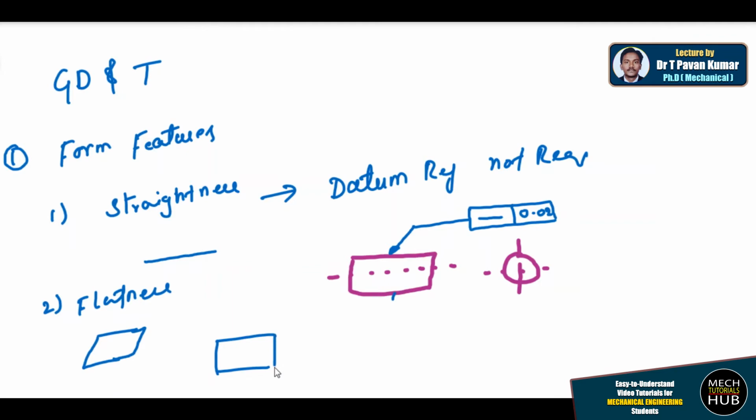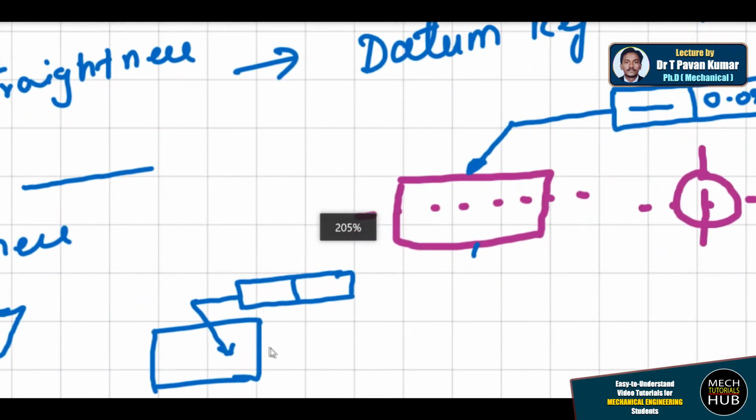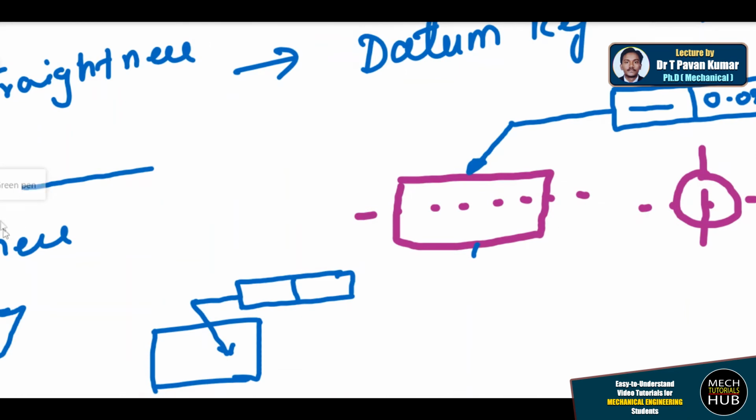For example, this is the component. I'll place a leader line, something like this, followed by the symbol and then the tolerance value. This is how we'll specify it.